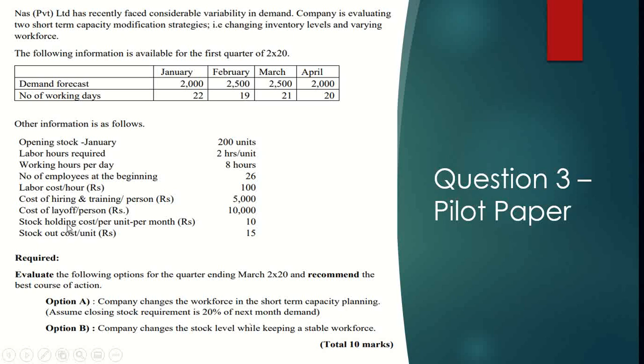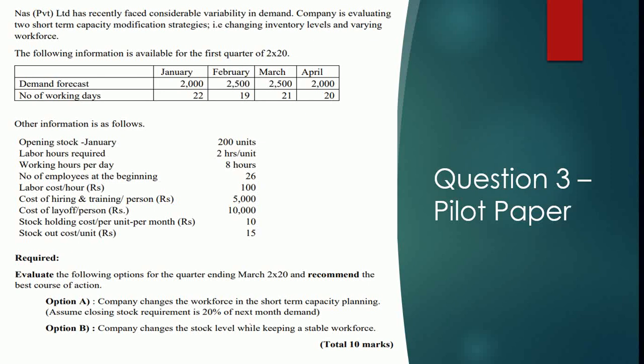Stock holding cost per month, 10 rupees per unit. Remember, I already explained this when we talked about working capital management and inventory management. When you are computing inventory cost, there can be some ordering cost, some purchasing cost, some holding cost.